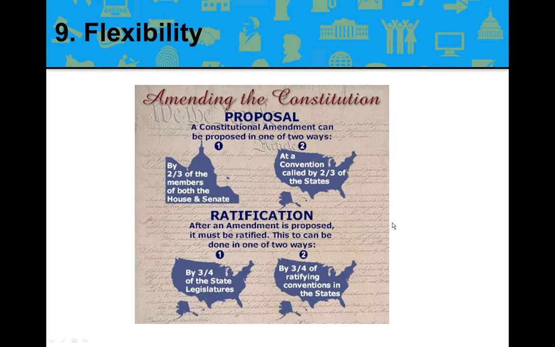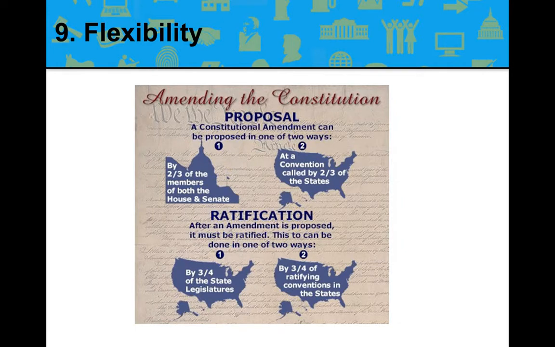All right. Lastly, it's important to note that the Constitution is flexible. The idea that the people of the United States should be able to work out any problems in the government system after it's been established, or change with the times, if you will. So the forefathers recognized that we need a way to amend or change the Constitution.